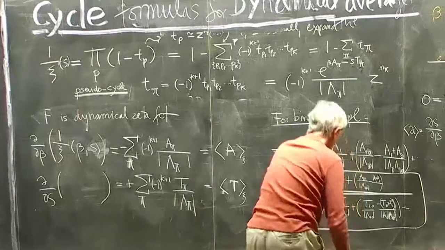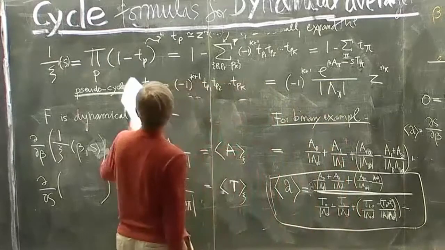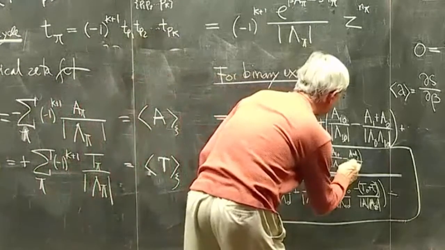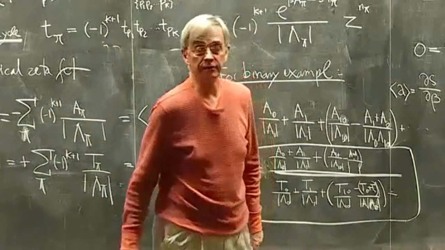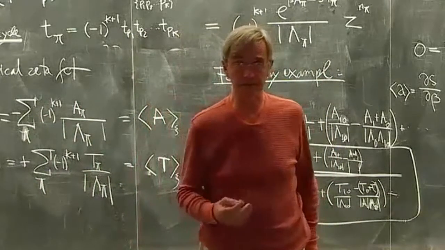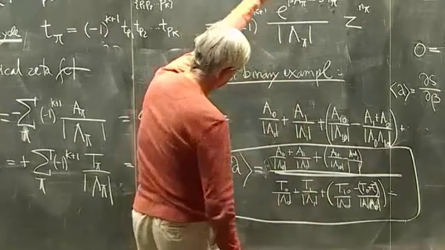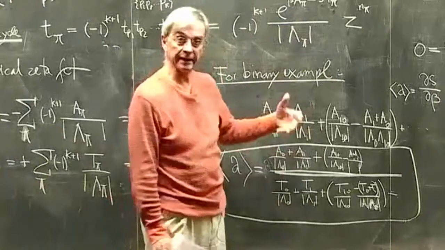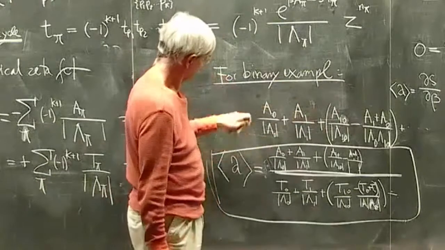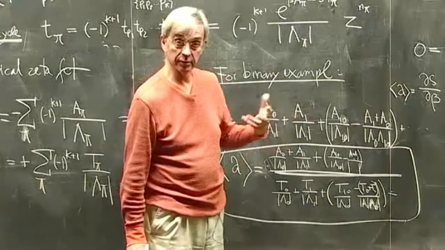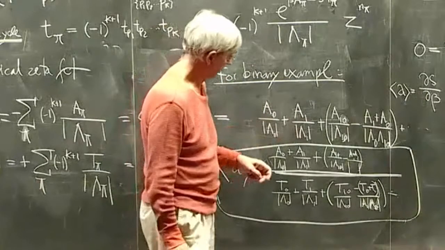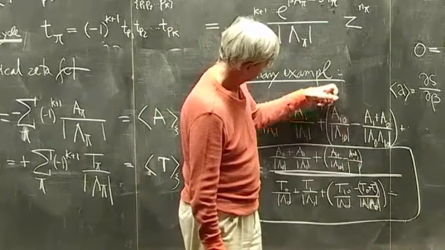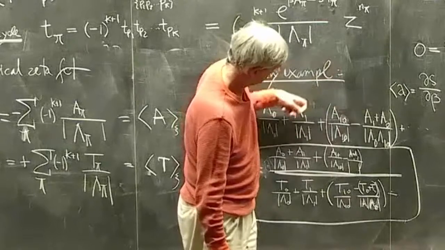The main thing to notice about the cycle formulas for dynamical averages is that they have the same structure as the cycle formulas for the expansion of the zeta function or Fredholm determinant. They're dominated by short periodic orbits because these lambdas are typically, let's say, of order 2 each. And the value of your observable in the neighborhood of the fixed point. But then there is a correction in which you compute your observable by integrating it over the cycle.